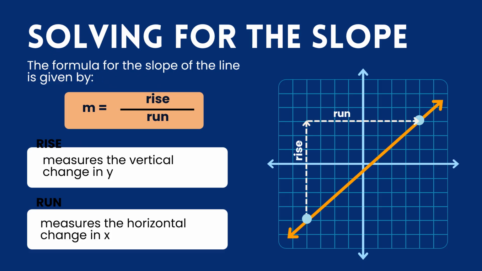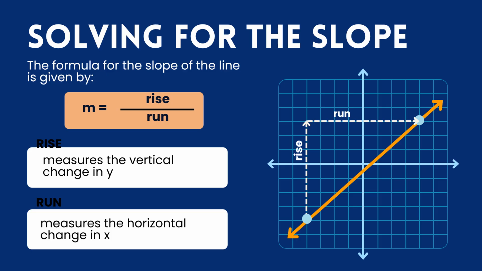Now let's talk about how we would find or solve for slope. To find slope, we use m equals rise over run. Rise is how much the line goes up or down. That's the vertical change. So you would count the grid spaces for how much the line rose. Run is how much the line goes left to right. That's horizontal change.